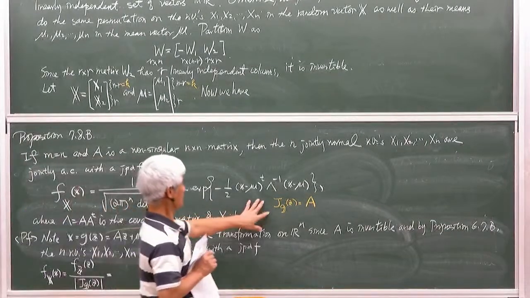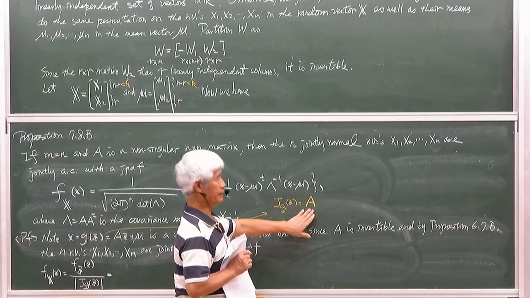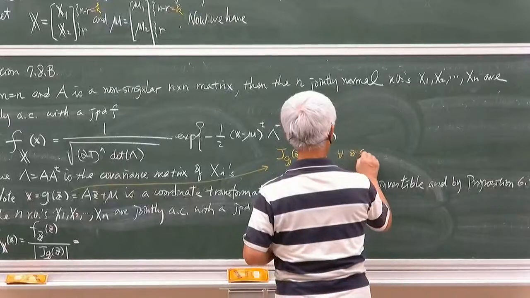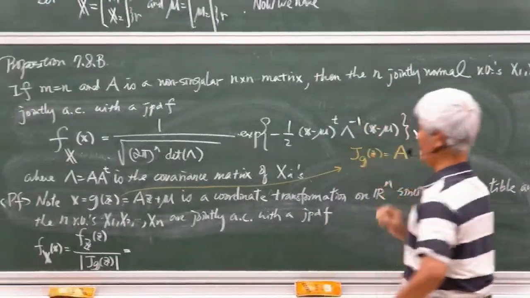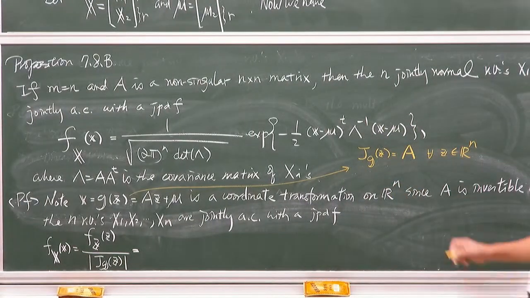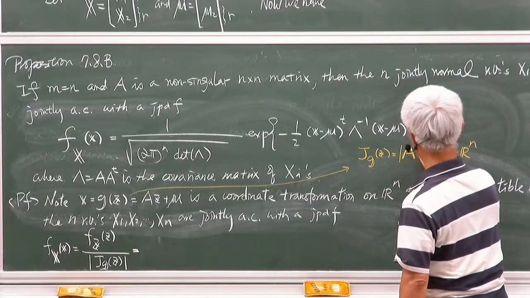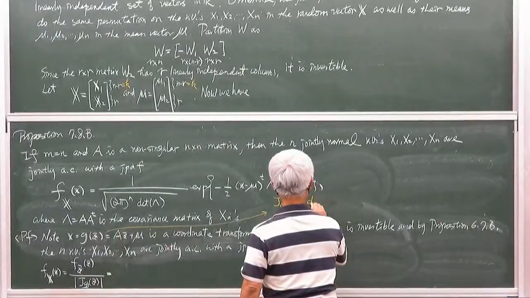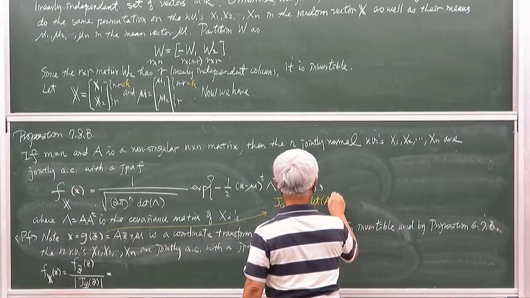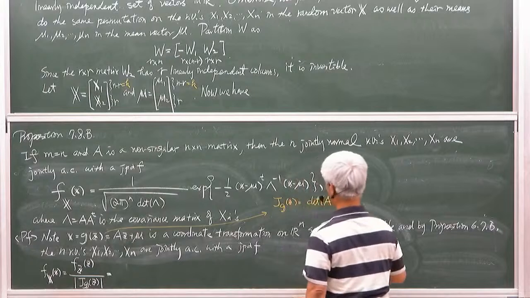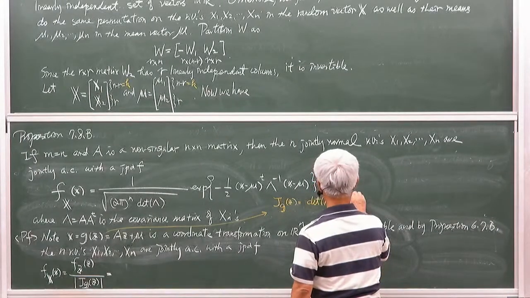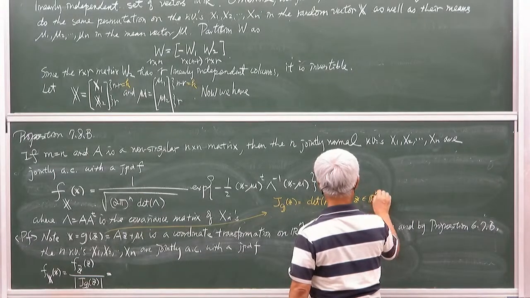And this is invertible, of course. So for all z in R^n, the Jacobian matrix is constant.